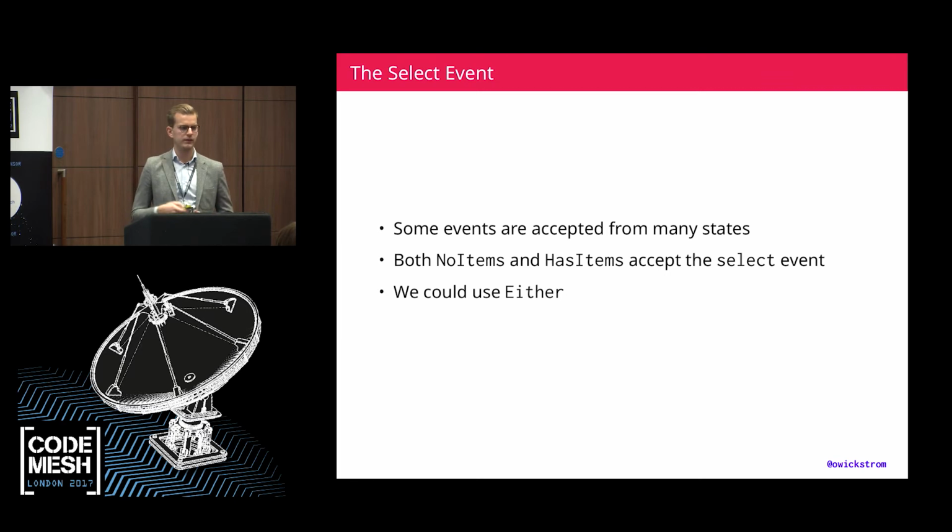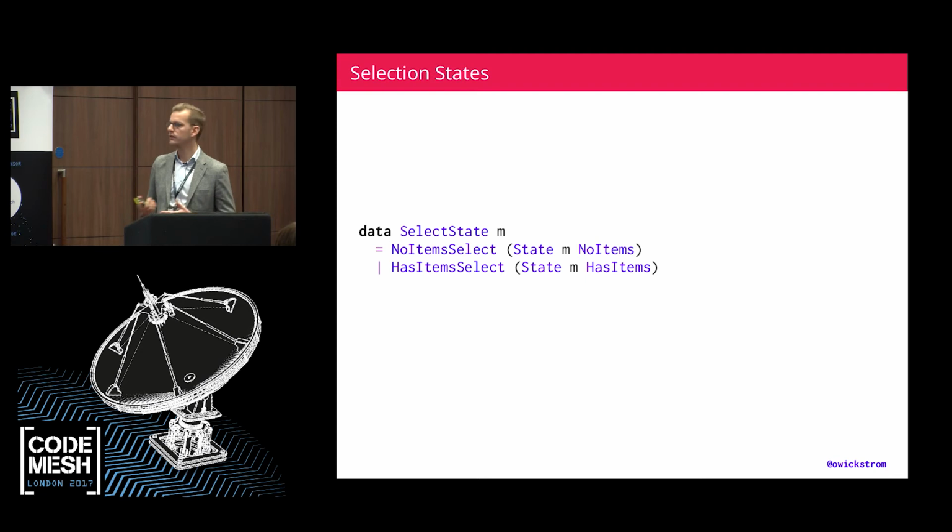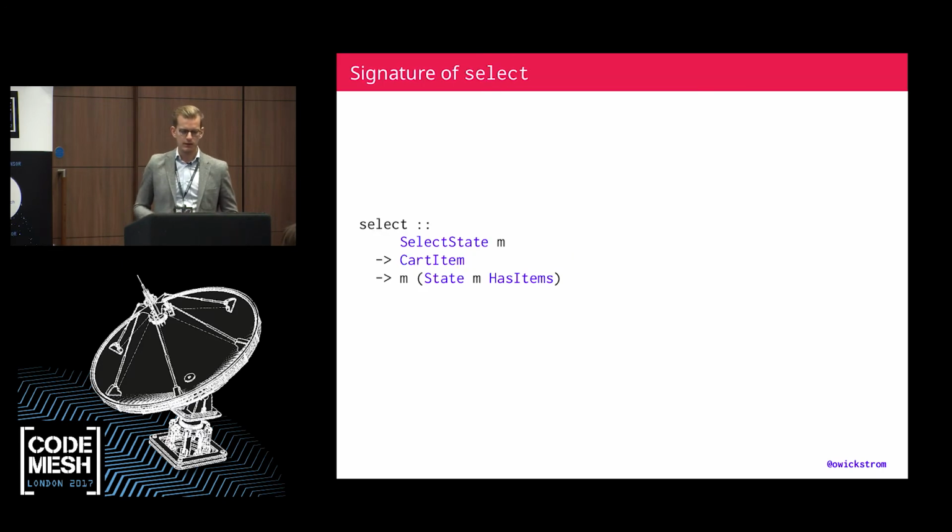We could use the either type for this, but I think it would be more clear if we create a specialized type for this purpose. So select state has one constructor for each state you can come from when you do select. And we pass such a select state value to select along with the cart item, and then we go to has items.